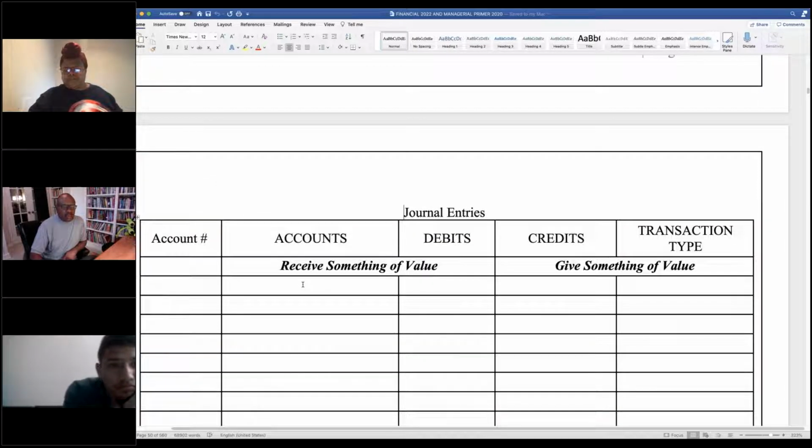So this is transaction 1. The type is a 1. We're going to debit cash.